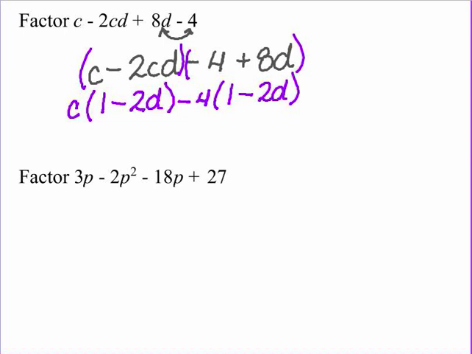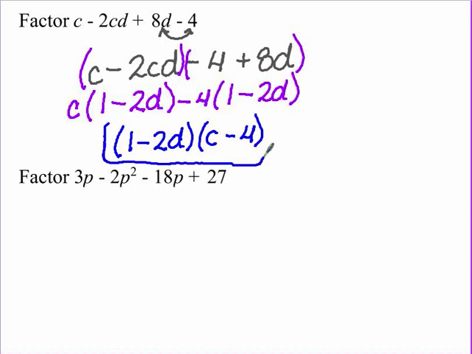So really all of that will factor to be 1 minus 2D times C minus 4. Let's go ahead and work on the bottom one.